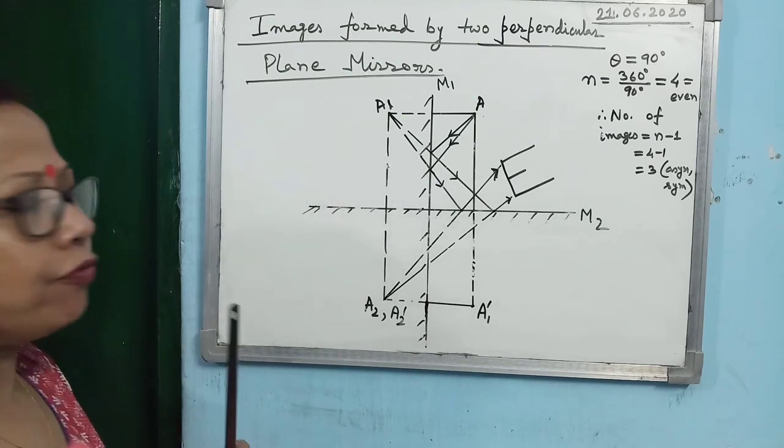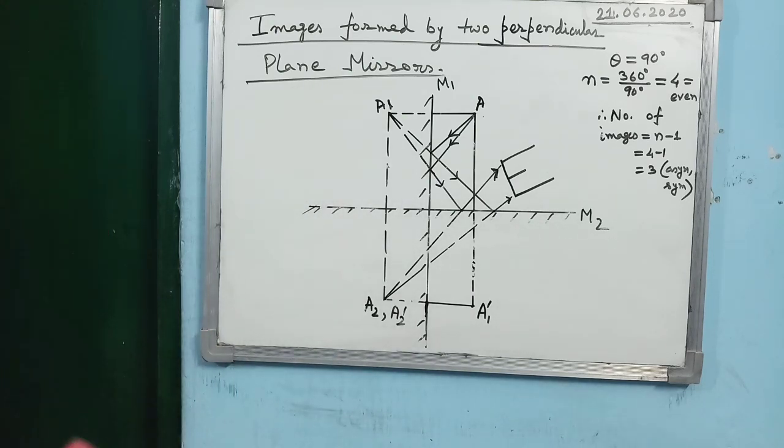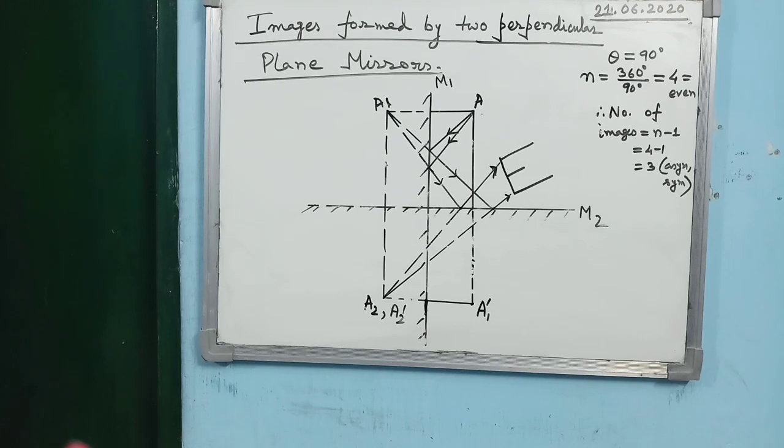And this is the way you can draw the ray diagram of the image formation by 2 perpendicular plane mirrors. You must practice this diagram at least 3 times at home in a rough notebook, not in the fair notebook, not in the study material notebook. In the study material notebook, you will just draw this diagram along with the one written on the board, but practice should be done in one rough copy at least 3 times.